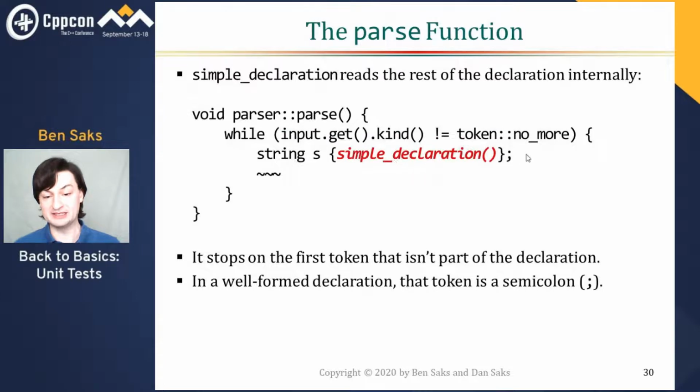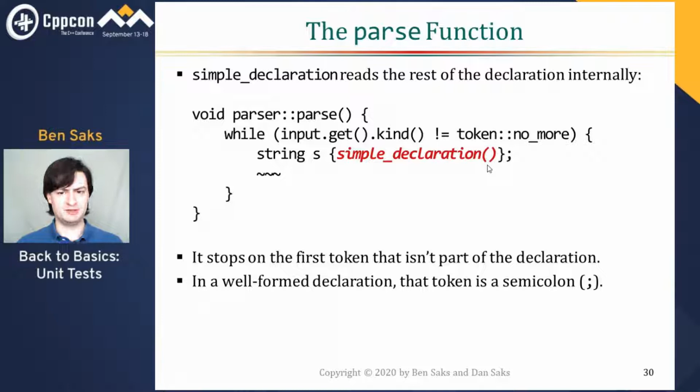Most of that is done inside this simple declaration helper function. It's a private function on the parser. And it will read until it finds a token that can't be part of a declaration. And if we're talking about a well-formed declaration in C++, that's going to be a semicolon that marks the end of the statement.